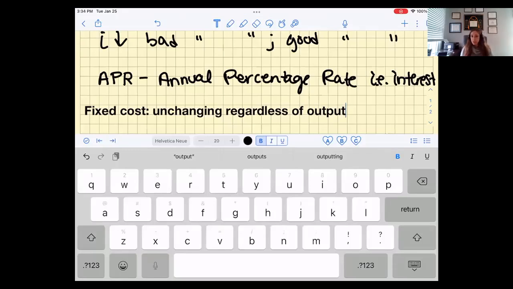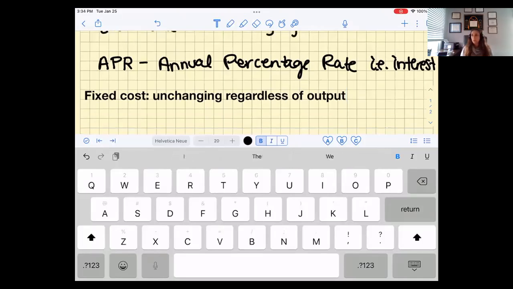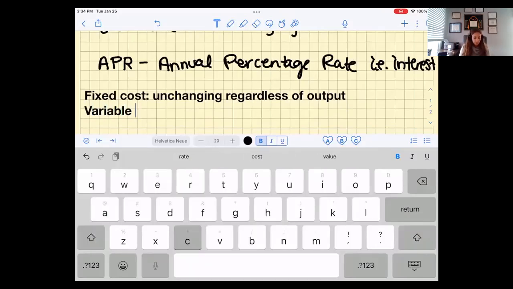However, your electricity would not be fixed potentially. If you are producing more and your machines are using more energy, then your electricity bill would go up. So that's not a fixed cost because it does change. By contrast, a variable cost is something that does change based on the output.